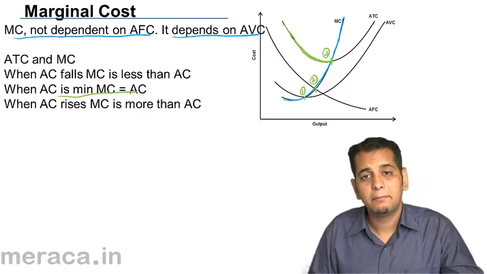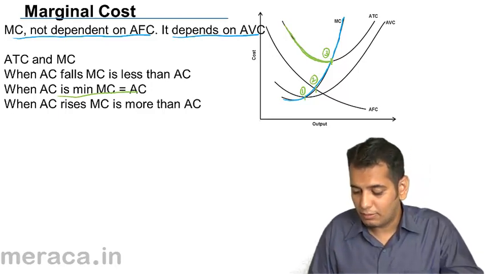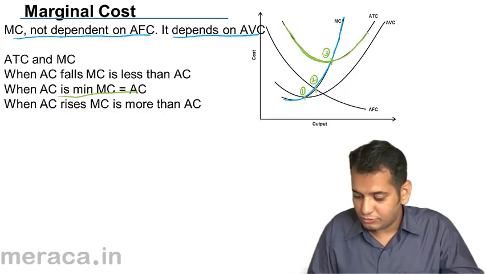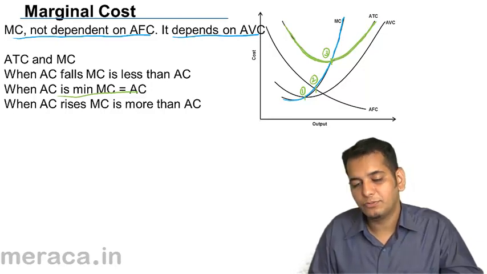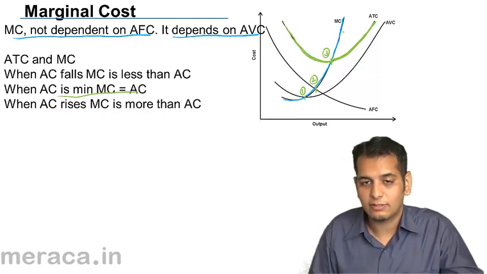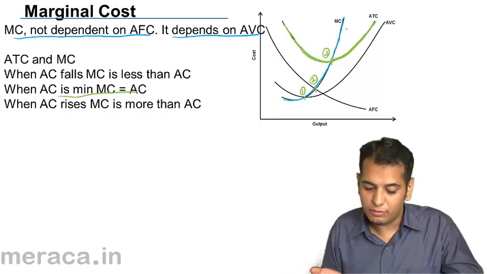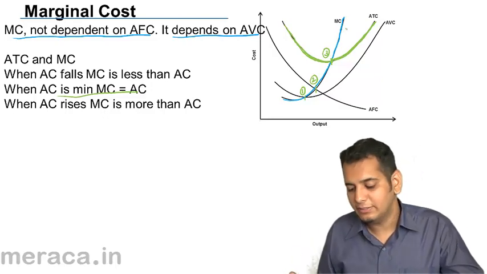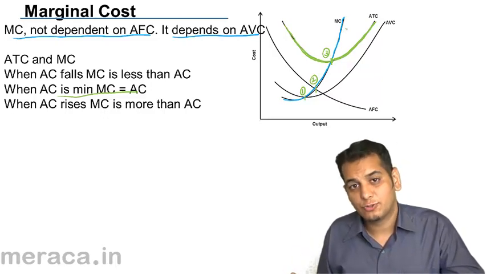And after this point, the average total cost curve will start rising. And the marginal cost curve will also start rising. Now it will go above the average total cost curve.